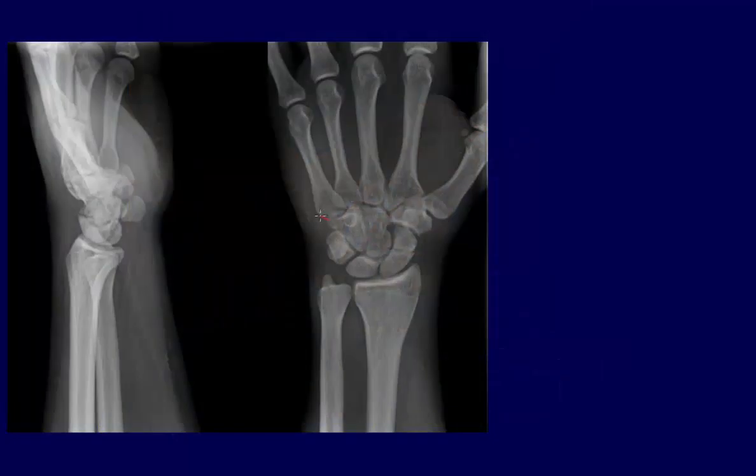Okay, so this is the last fracture we're going to look at in this sequence. We are going to begin by tracing the cortical outline of our metacarpal bones. So far we are not seeing any fractures occurring.